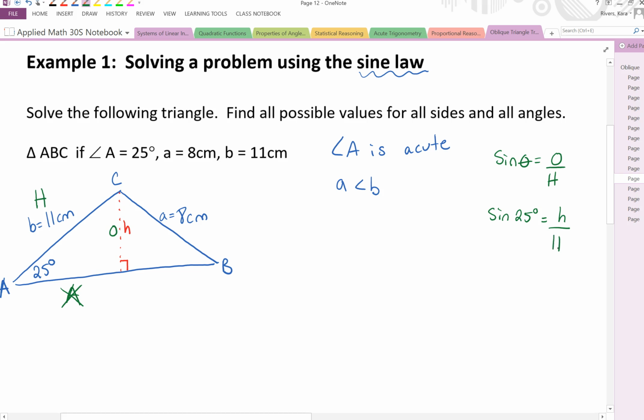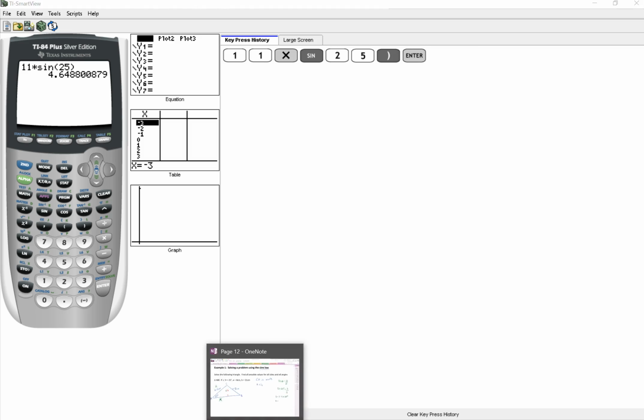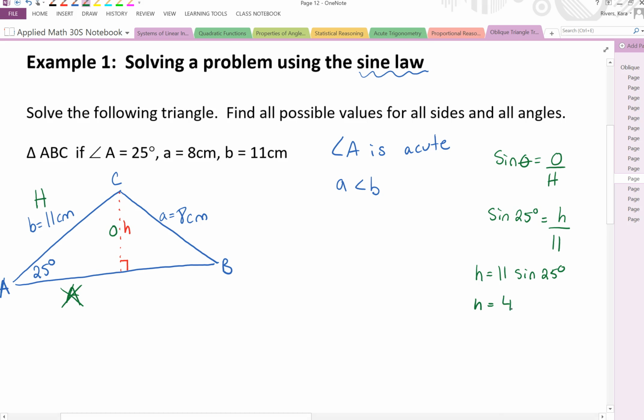So cross multiply and divide, you get that H is equal to 11 sine of 25 degrees, and go ahead and solve that in your calculator. 11 times sine of 25, we get 4.65. So H is 4.65 centimeters. Now we can write, according to A, that A is also bigger than H.